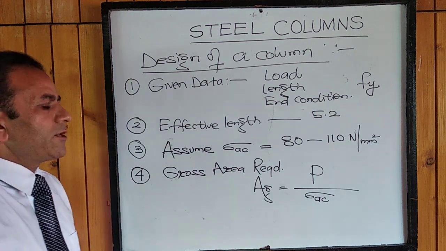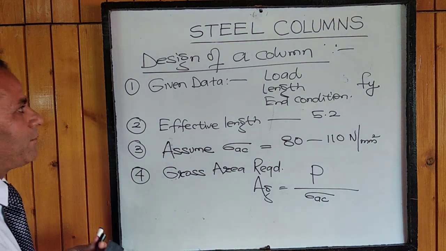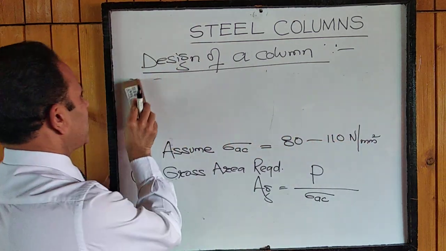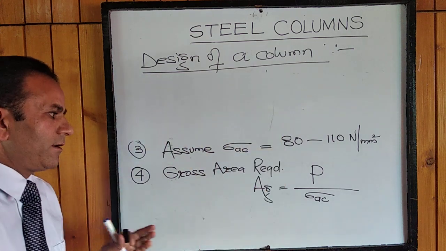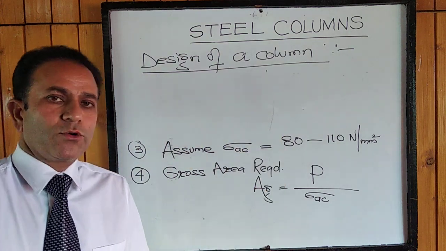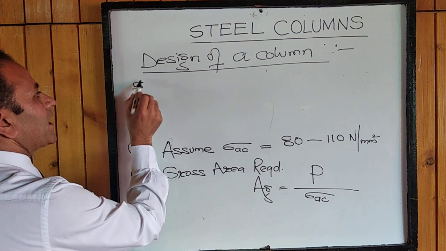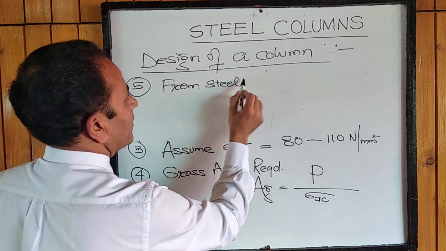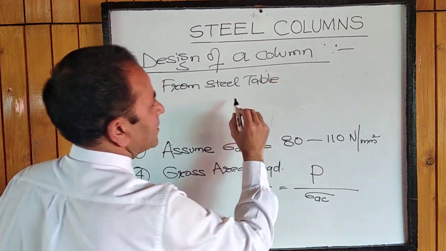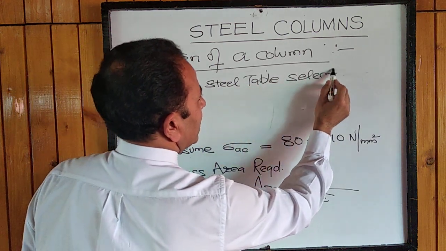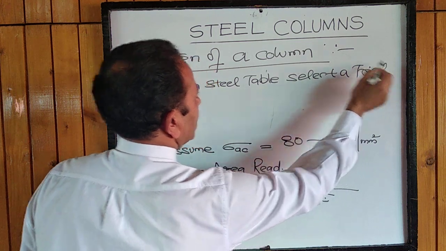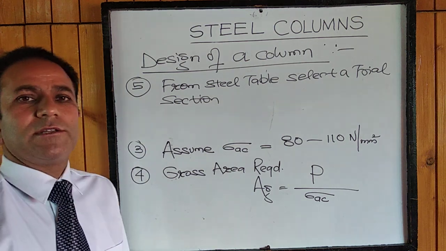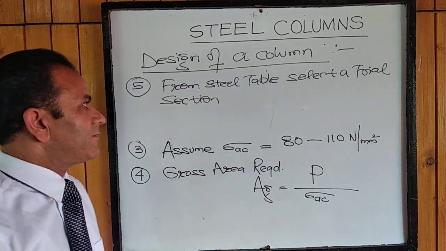So this will give us the area required for that particular column, so that we can select a section from the steel table and then analyze it for the load given. Now we have the gross area required. We go to the steel table and select a trial section, so that we analyze this section and find out whether it can be used, whether it will satisfy the conditions given.